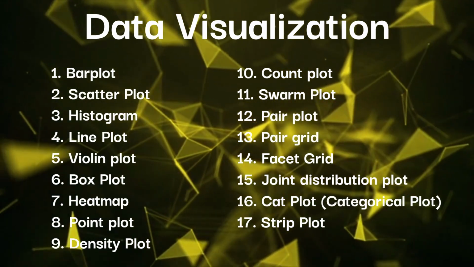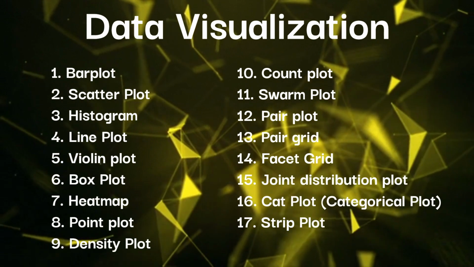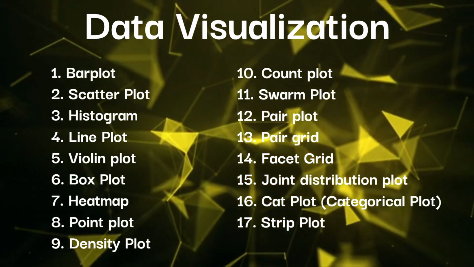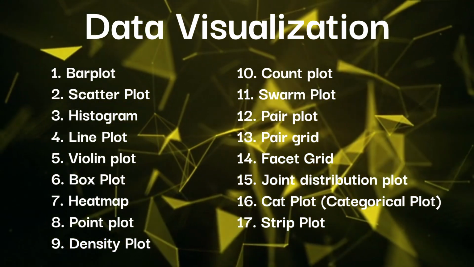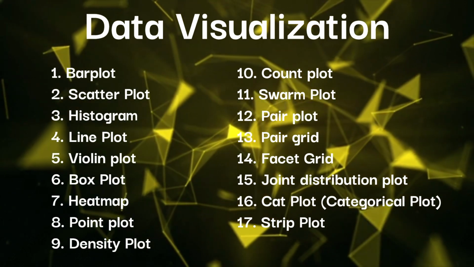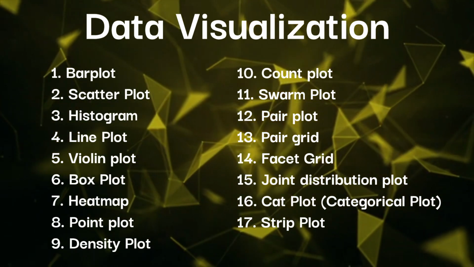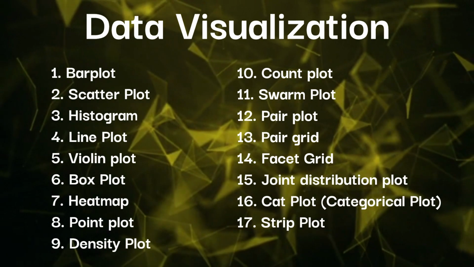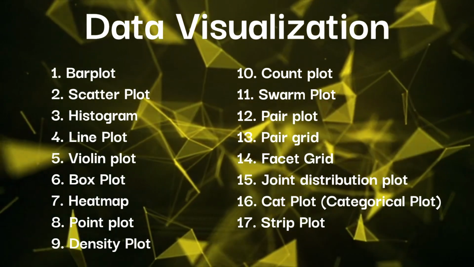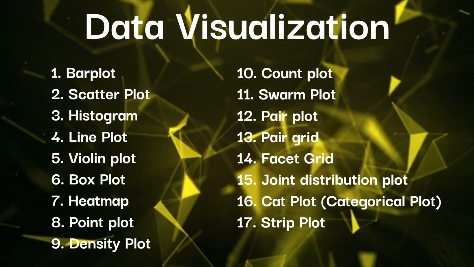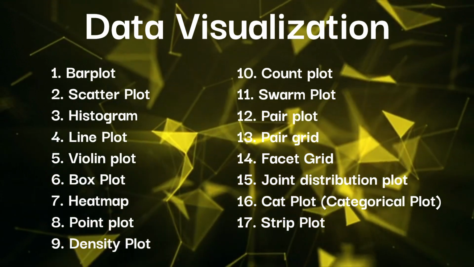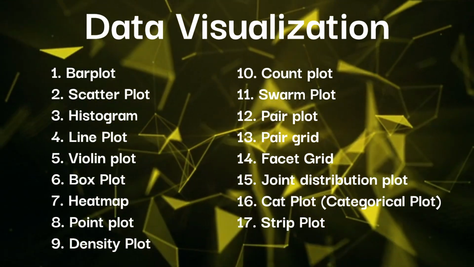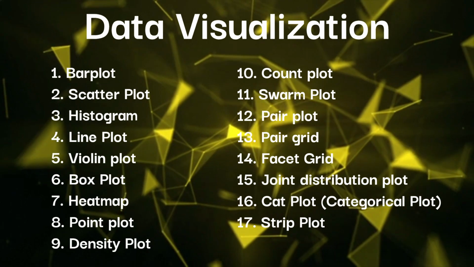8. Point plot, display point estimates and confidence intervals. 9. Density plot, examine the distribution of a continuous variable. 10. Count plot, display the frequency of observations in each category. 11. Swarm plot, visualize the distribution of categorical data points. 12. Pair plot, explore relationships between multiple variables. 13.